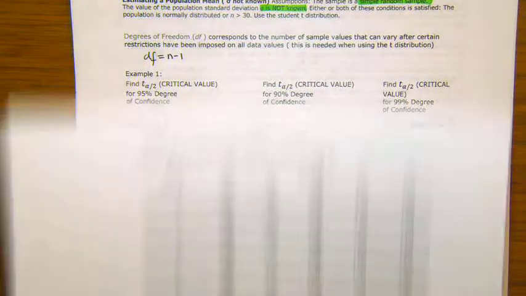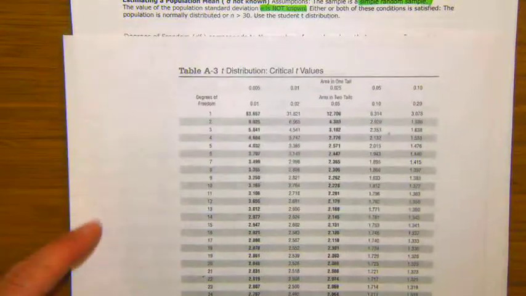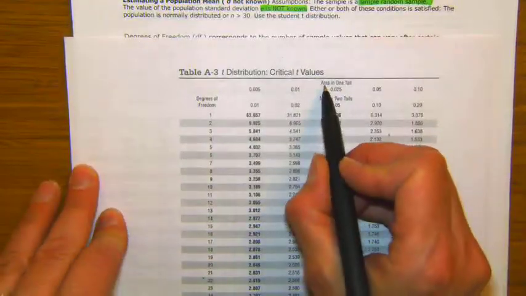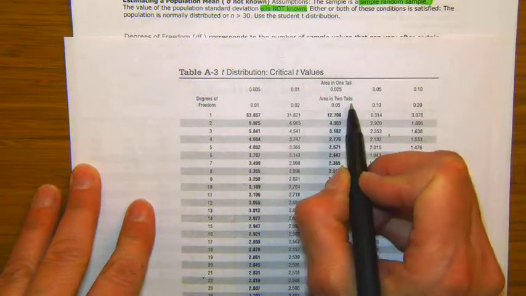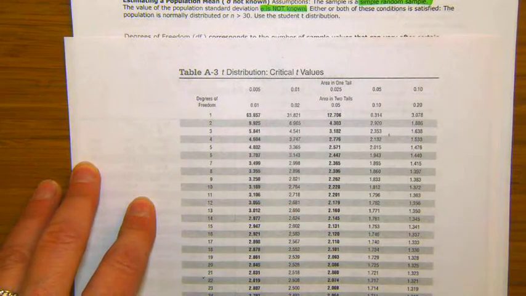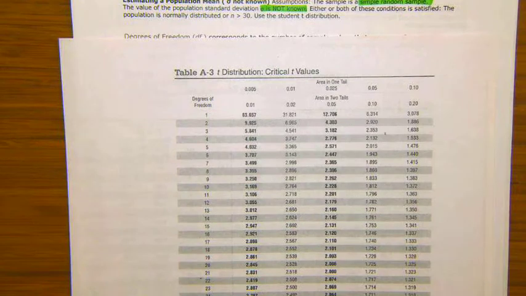All right, on the top of your t-distribution, it tells you we have the area in one tail and the area in two tails. So the normal distribution looks like an area to the left, right? This one just tells you what is the area either in one of the tails or in both of the tails. So when we look at confidence intervals, we always have two tails.